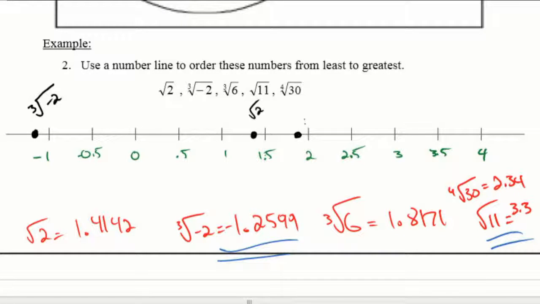So that's going to be just before 2. And then I have the square root of 11, which was 3.3. And then the last thing I had was the 4th root of 30, which is 2.34.